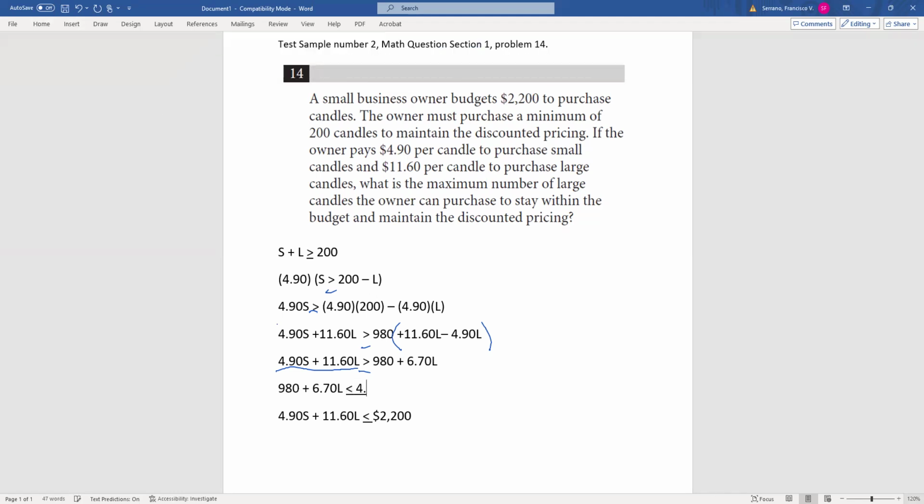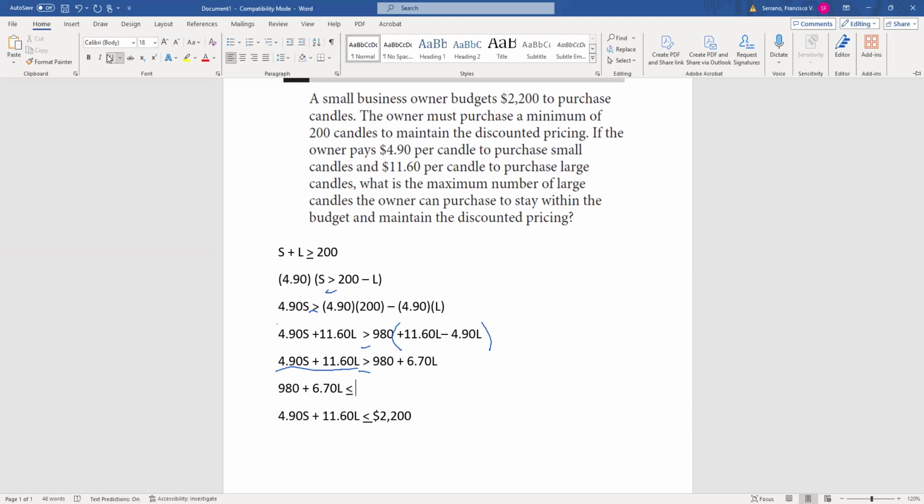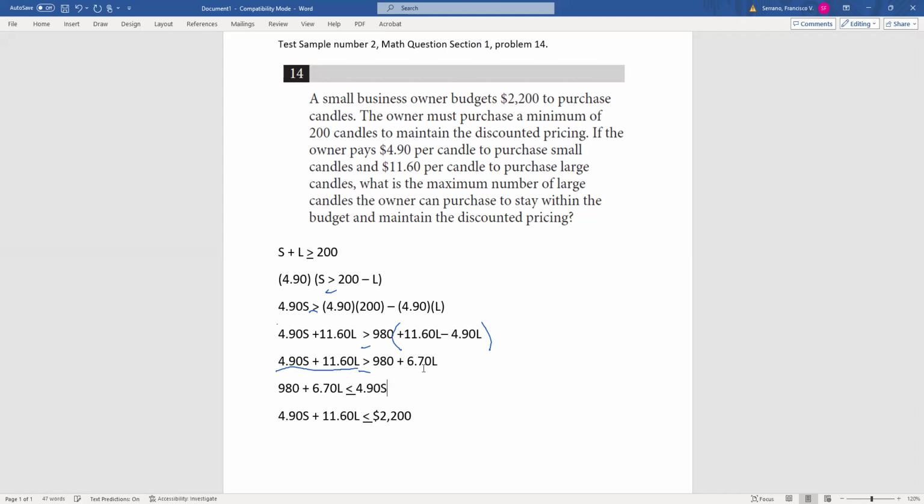4.90 S plus 11.60 L. Now, this amount right here is less than the S and L amount.